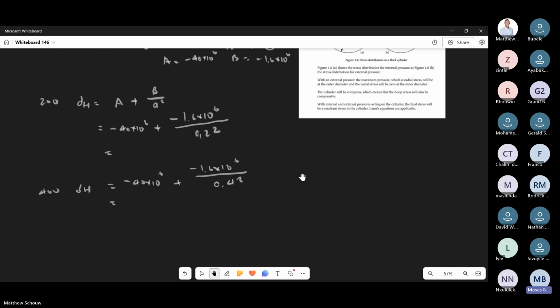The hoop stress for minimum, 200, it's minus 50 megapascal. What is the minimum? That's the bottom one. Minus 50 times 10 to the power 6, which is megapascals. So it's 50 MPa. You said it's negative, correct. We know which is compressive. Exactly, beautiful.